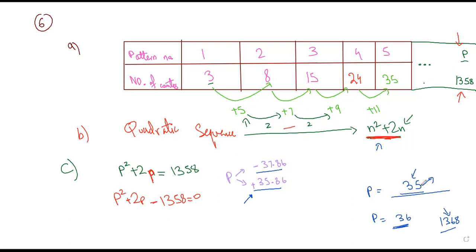Wait. Very well done. Excellent. Okay. Pattern 35 will require 1295 counters. So he can use 1295 counters, but he cannot use 1368 counters, right? Did you understand this, Surhan and Saneem?